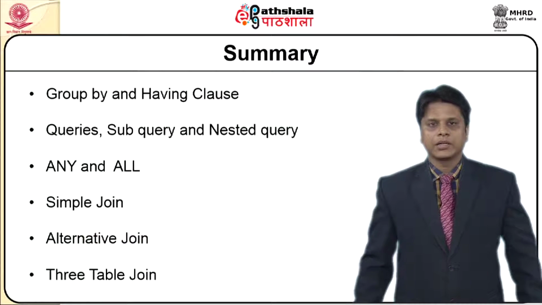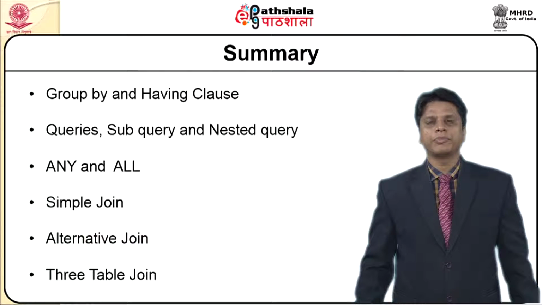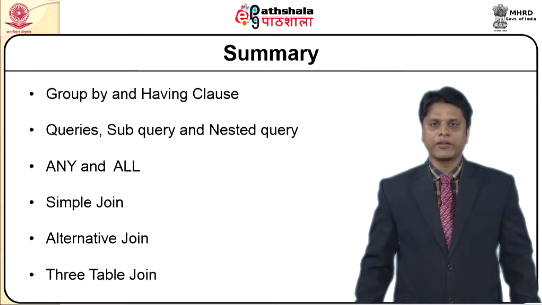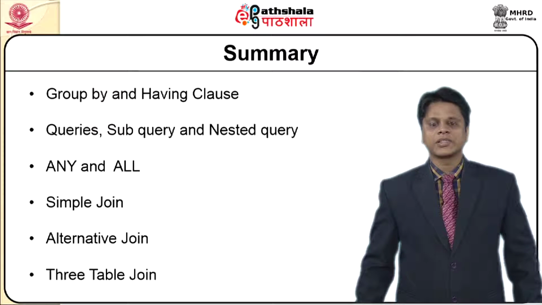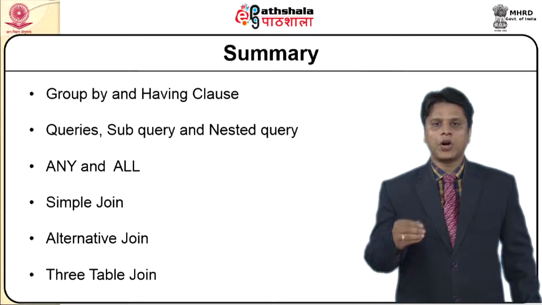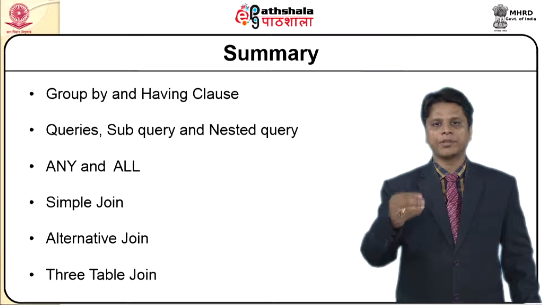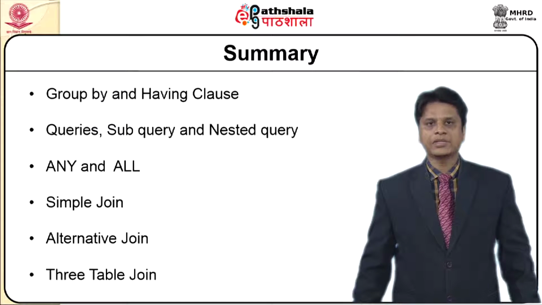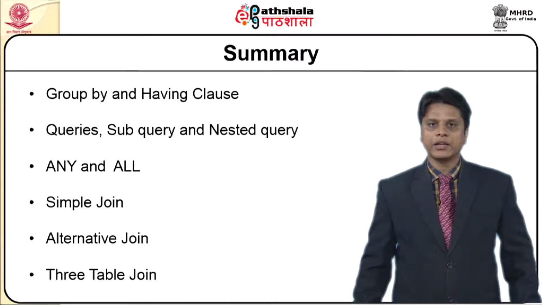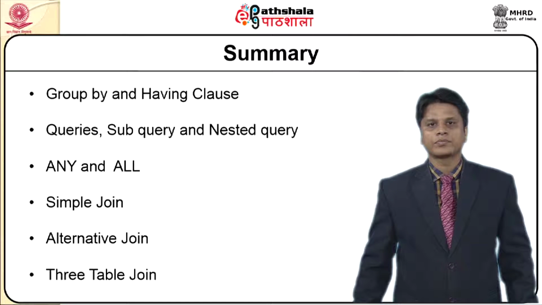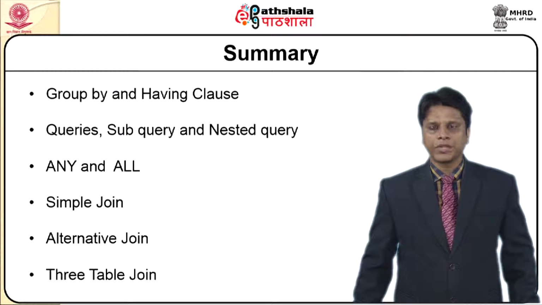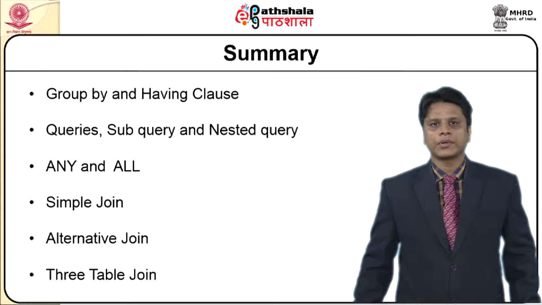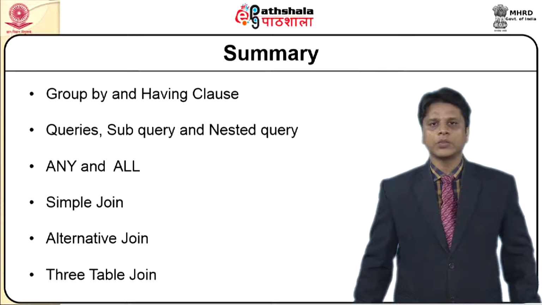In summary, in this session we started by looking at group by and having clause, in continuation of the order by clause that we studied in the previous session. Then we listed queries as subqueries and nested subqueries with different constraints, and further we looked at the use of any and all within the queries.